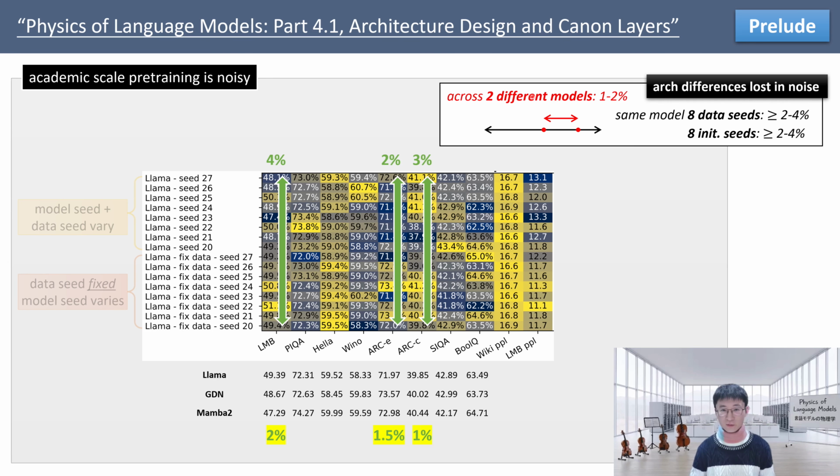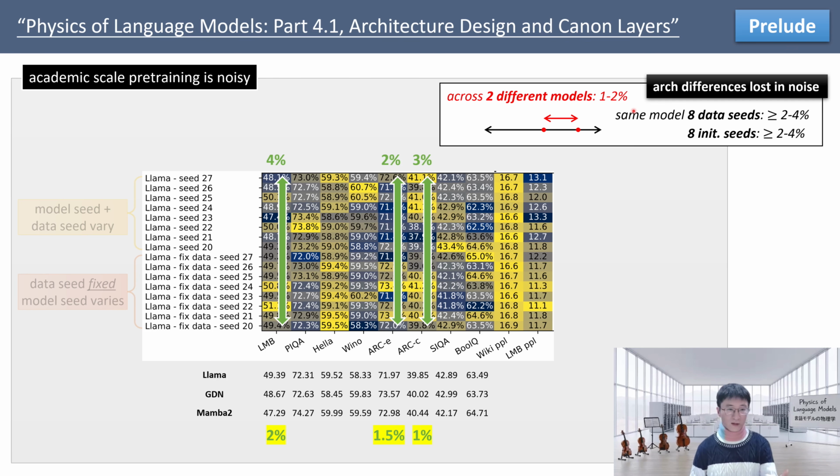But if you compare 2 architectures, the difference is only 1 to 2%. Then it's not convincing to me that GDN or Mamba are better than Llama, right? Maybe all of the discoveries you have found are actually buried by this noise from the random seeds.